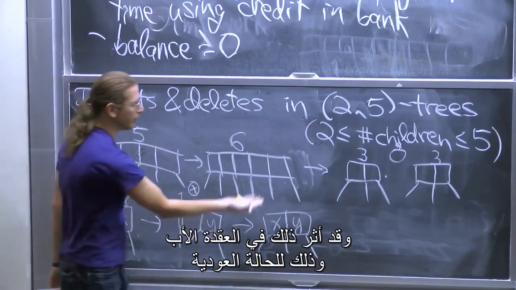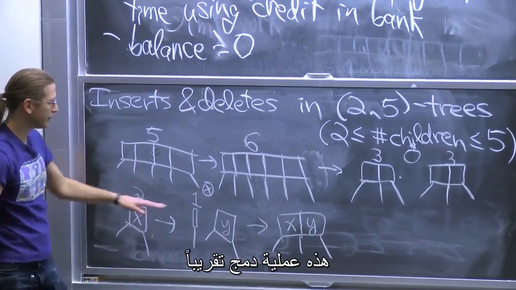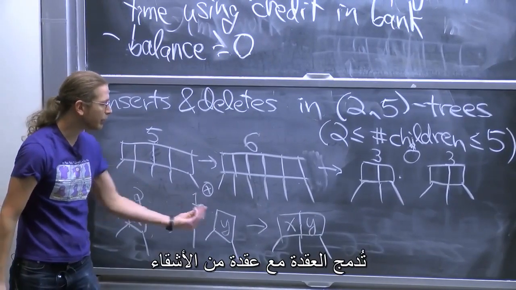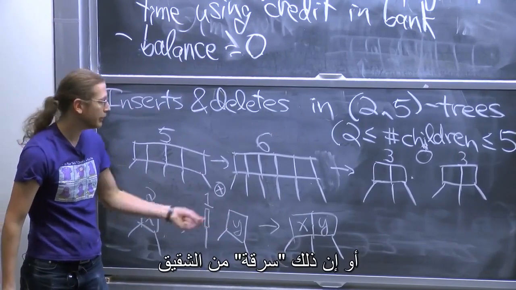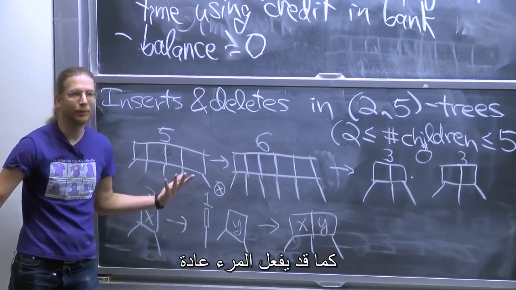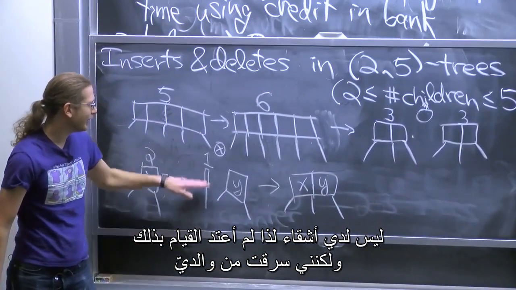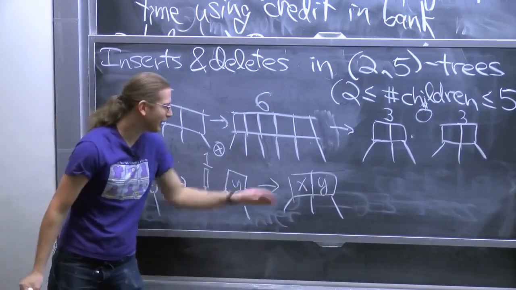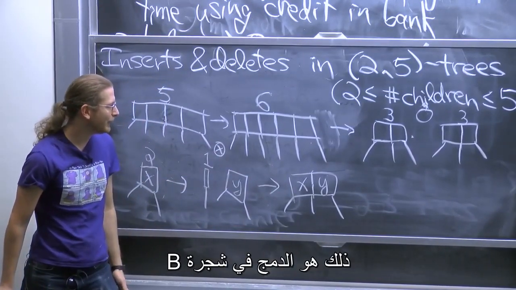Okay, I also messed up my parent a little bit, but that's going to be the recursive case. So this is a sort of merge operation. In general, I merge with my sibling and then potentially split again. Or you can think of it as stealing from your sibling, as you may be experienced with doing. I didn't have siblings, so I didn't get to do that, but I stole from my parent. So however you want to think about it, that is merging in a B tree.